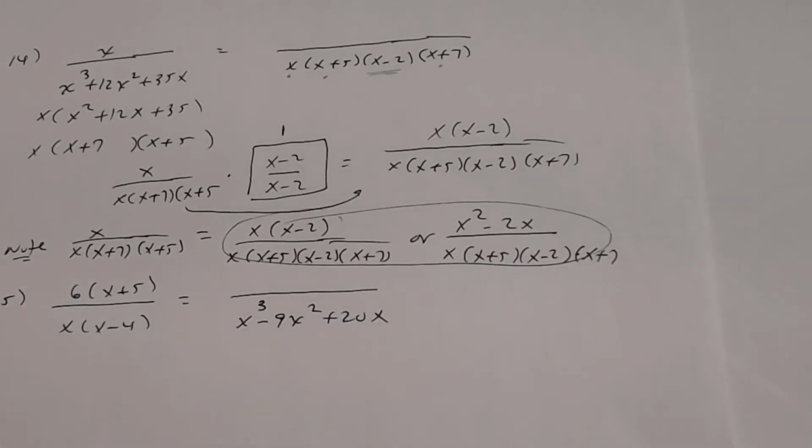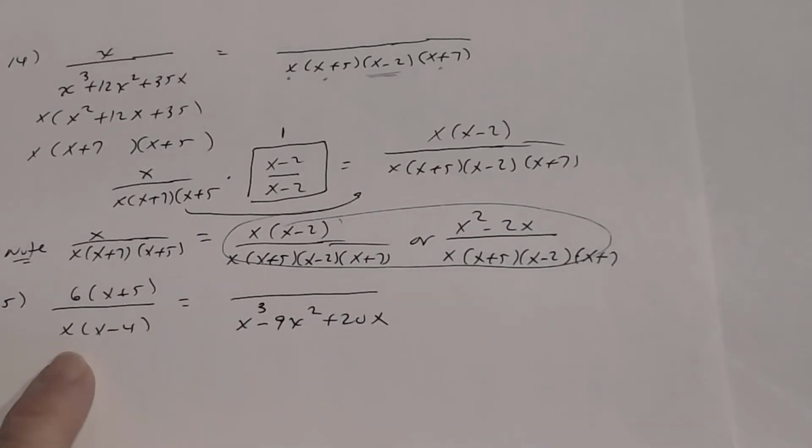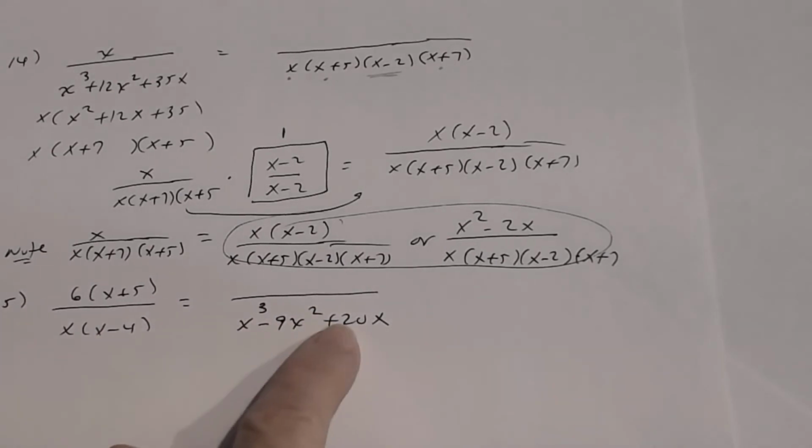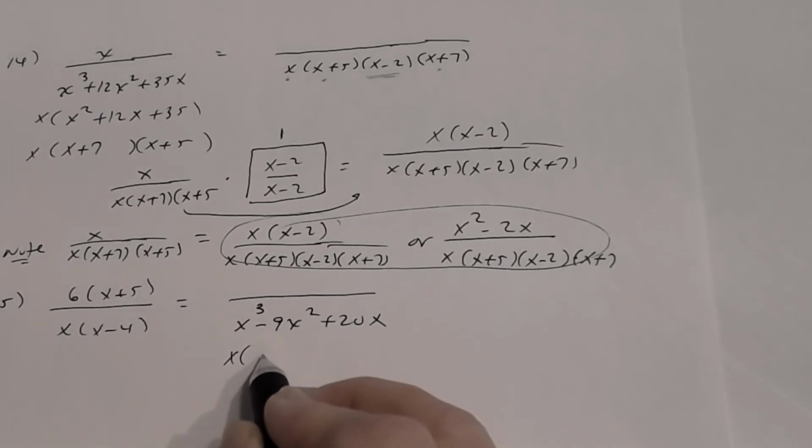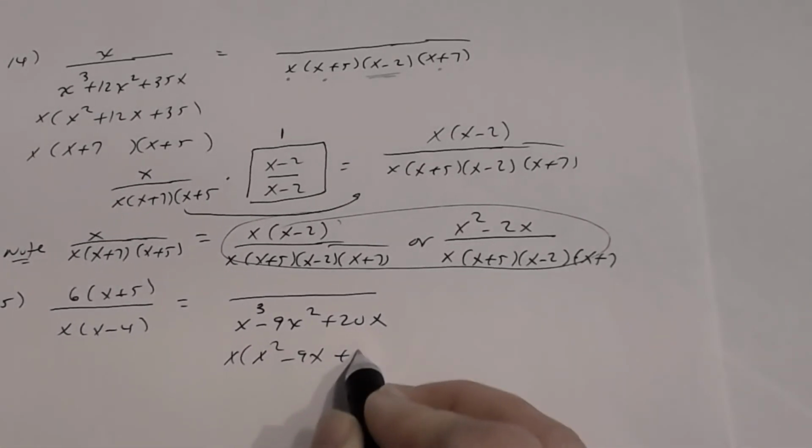Now in 15, notice that I have this rational expression. I want to get an equivalent rational expression that has this denominator. So I've got to figure out what that numerator needs to be. This denominator is already in factored form, so I've got to factor the denominator here. So this one, I can factor out an x. I get x times x squared minus 9x plus 20.